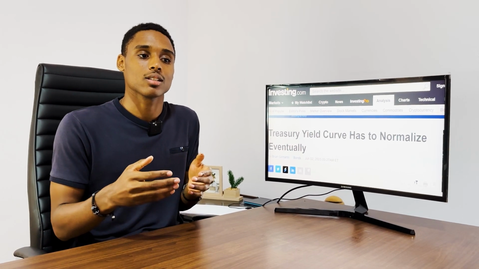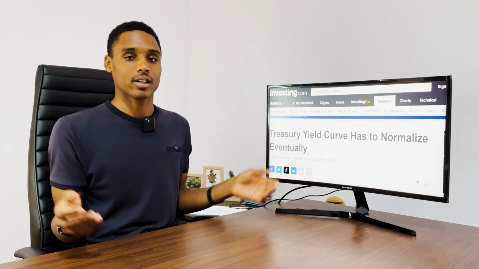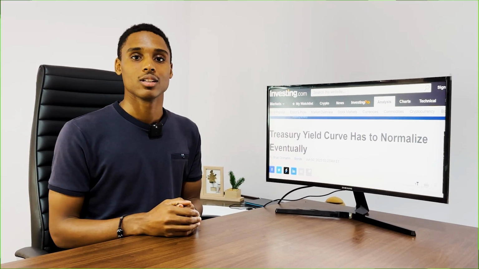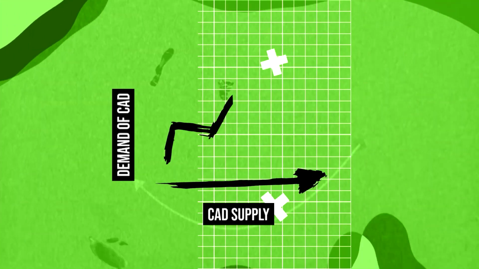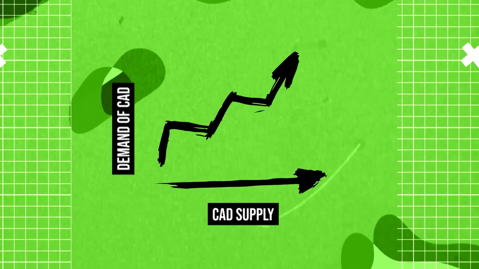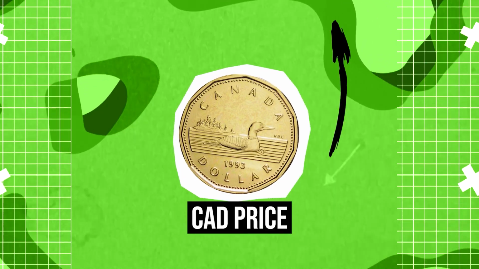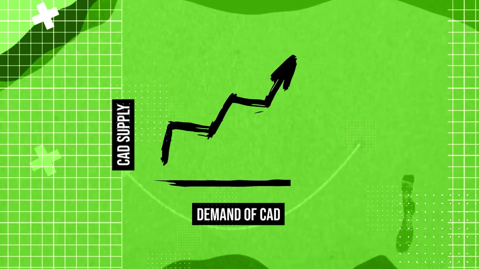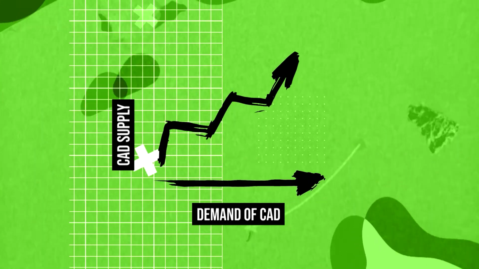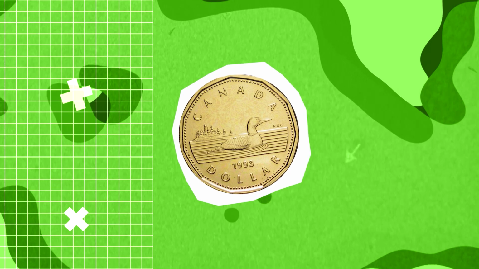Or is it available? Is it everywhere? Does everyone have it? The more the Canadian dollar is needed, the higher its value. On the other hand, the less it is needed, or the more it is supplied, the more it's in abundance, as in everyone has it, the lower the value.